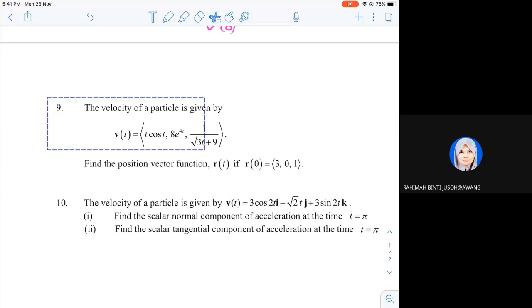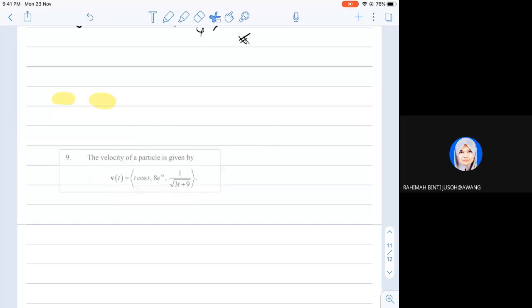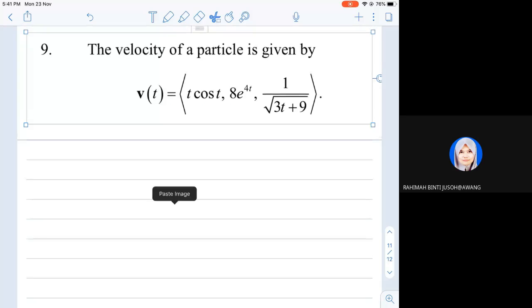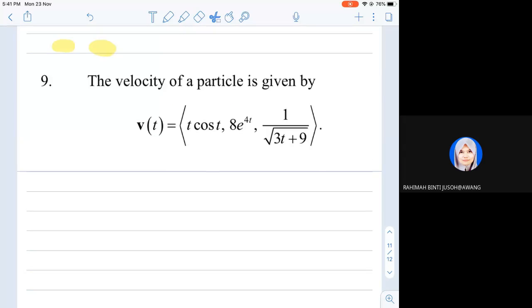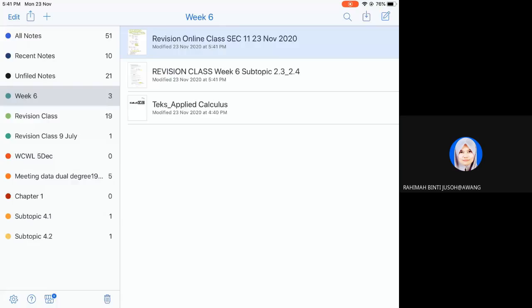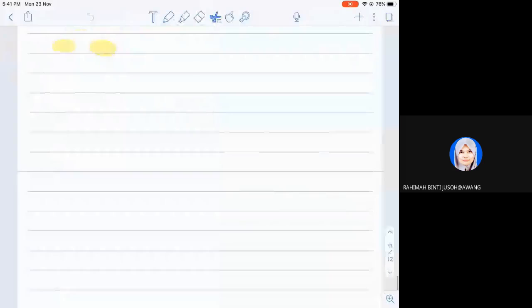Okay, so we have this. Now, the velocity is given by, sorry, I haven't finished copying. Okay, copy this.